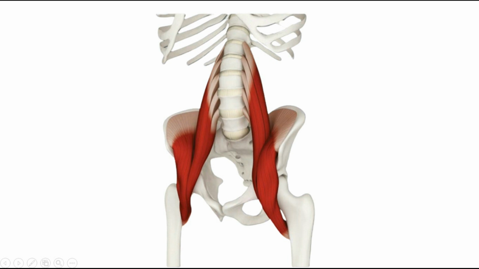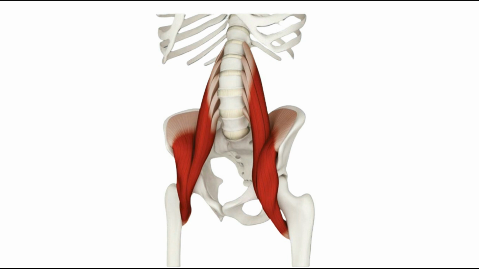They fuse together and form a combined or conjoined tendon. That tendon then goes in here and inserts on the lesser trochanter of the femur. So both of them have the same insertion point because they form this combined tendon at the bottom of the muscle itself, and then it joins into the lesser trochanter.